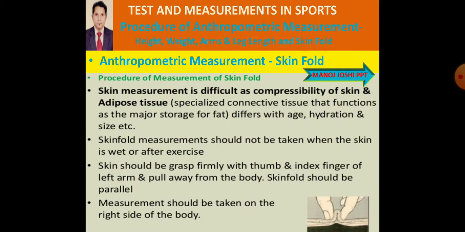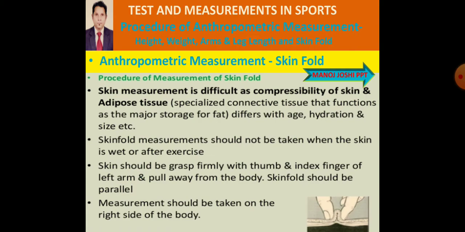Adipose tissues are the fat tissues. Adipose tissues are specialized connective tissues that function as the major storage of fat. These adipose tissues store the fat cells, which differ with age, hydration and size of the body, and so on.